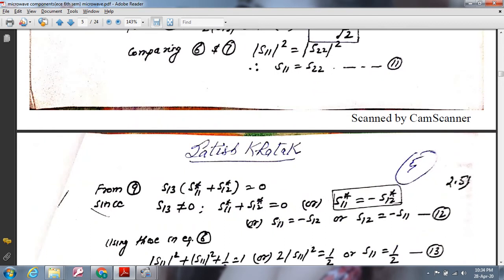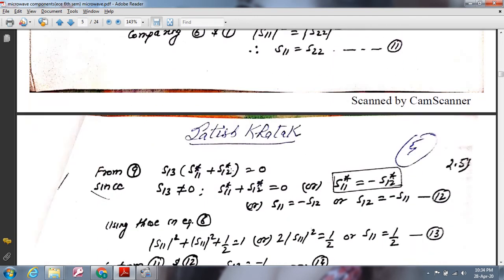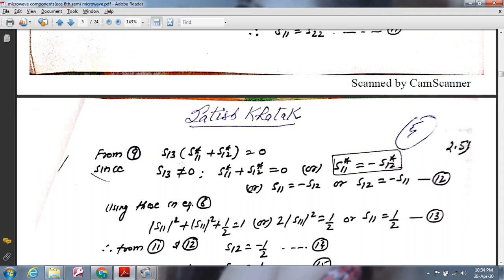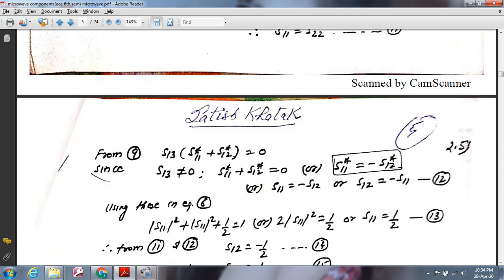Now if we take the next equation, that is equation number 9, as we know the value of S13 equals 1 by root 2. So if we take S13 common from equation number 9, we get S13 times the bracket S11 star plus S12 star.